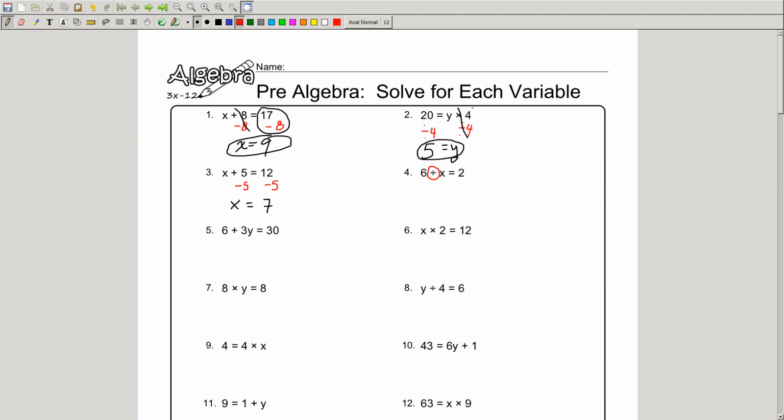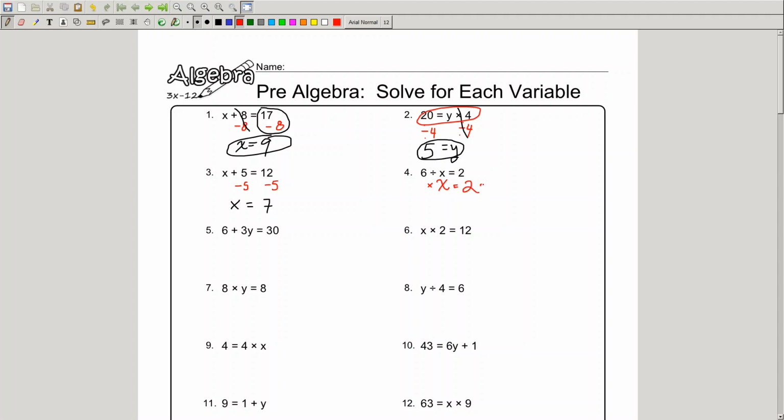See, in example 2, you had y on top. It was y times 4. Here you have something divided by x. That order has to be reversed to do one simple operation. So here's what you do in this case. If you see x in the denominator, if you see something divided by x, do the reverse operation to division, but instead of multiplying by 6, you're actually multiplying by x.